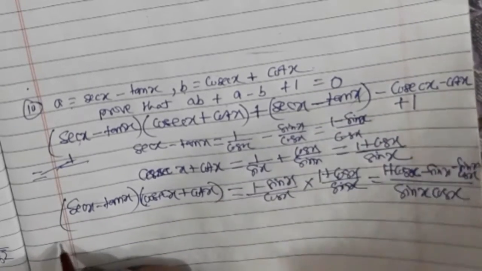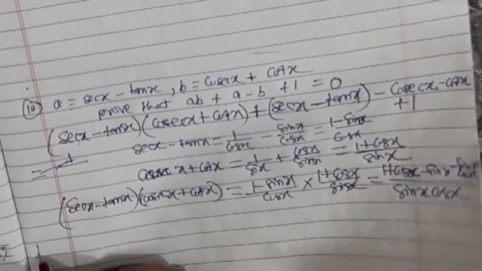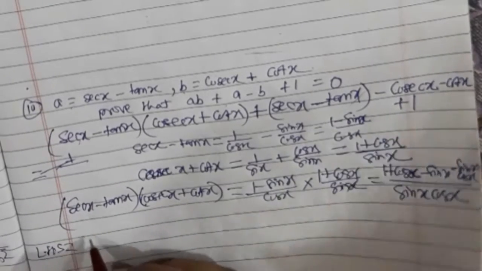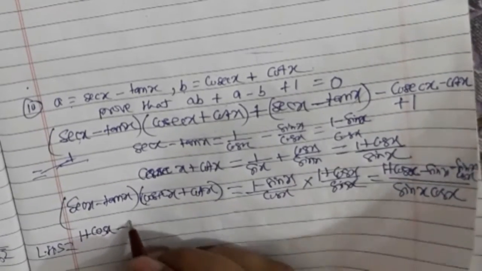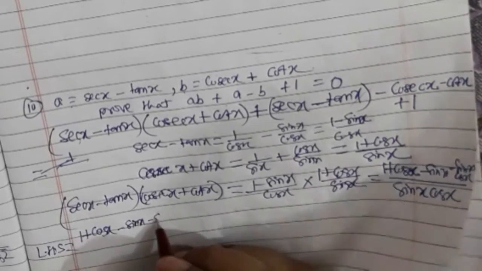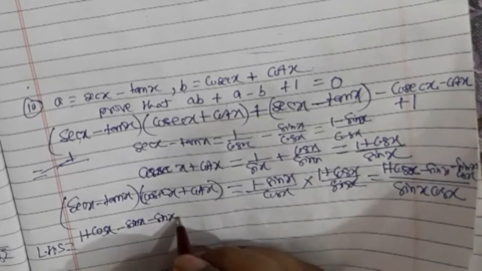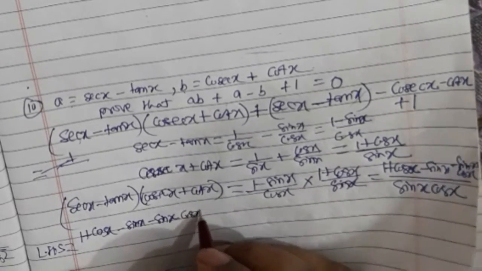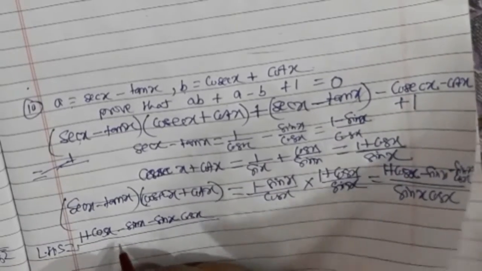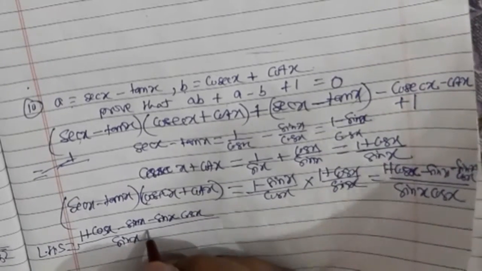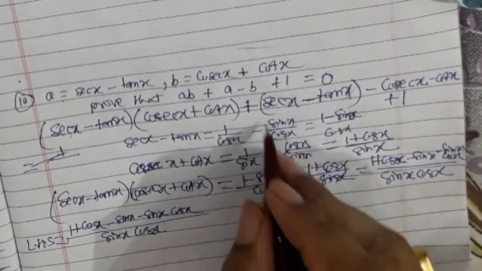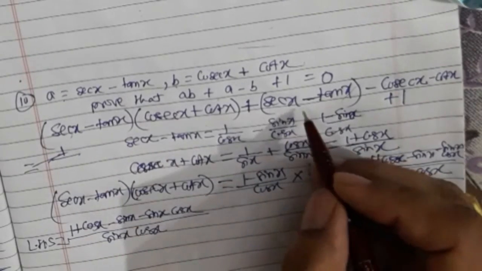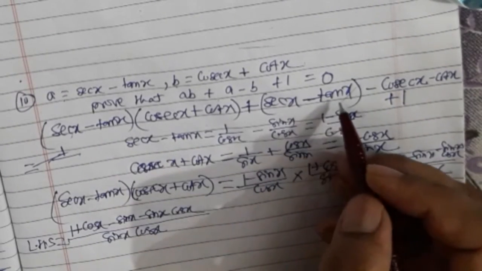Now we can write this here. Left hand side is equal to 1 plus cos x minus sin x minus sin x cos x by cos x, and what you are left with is sec x minus tan x.